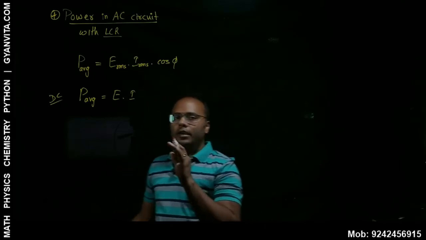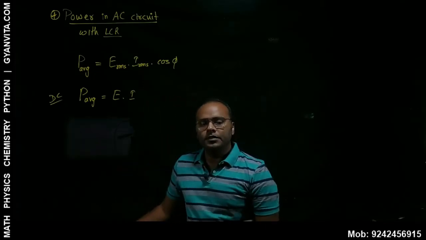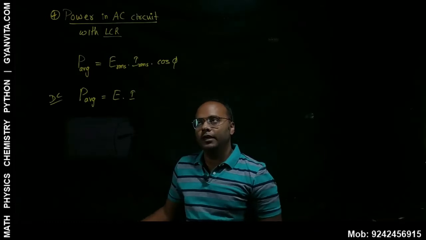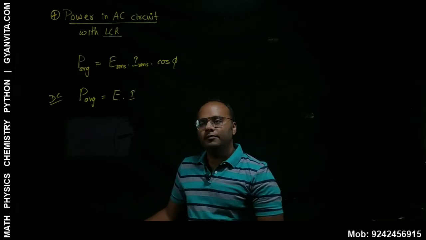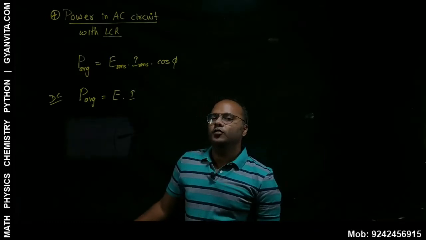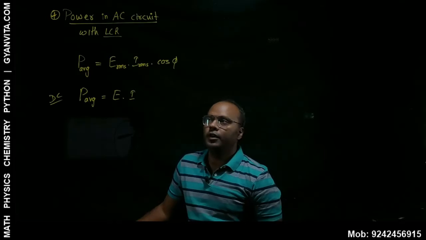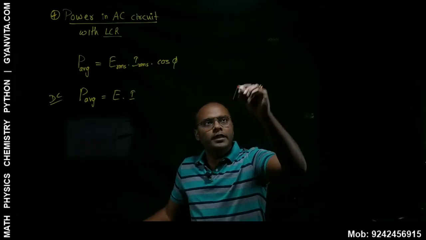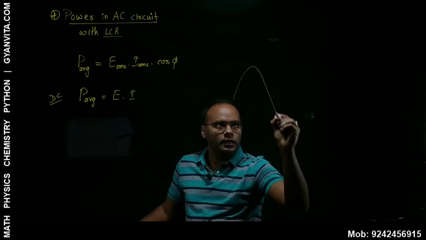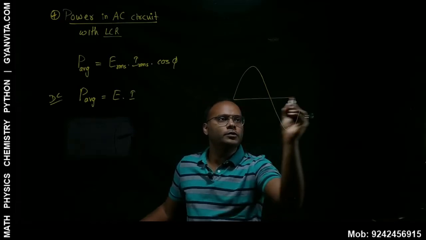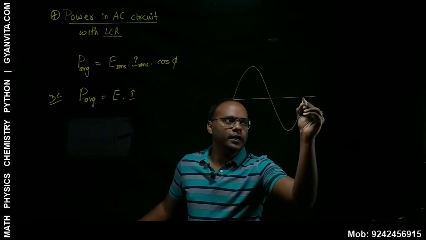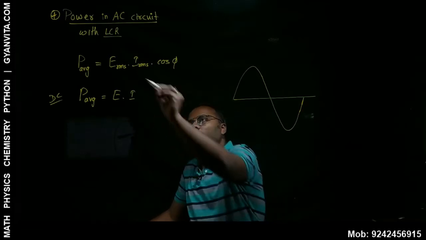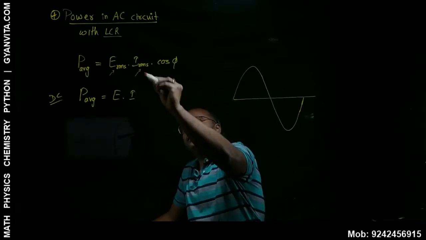And we have already seen that E_RMS and I_RMS are the effective values of EMF and current in the case of AC circuits. So instead of using these varying values, if I have to use an effective value for one cycle, I will always be using E_RMS and I_RMS.